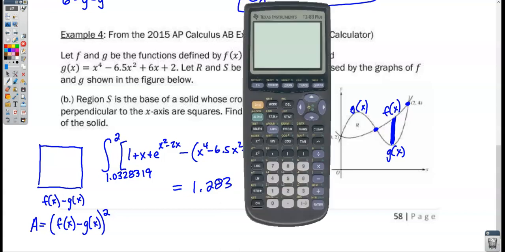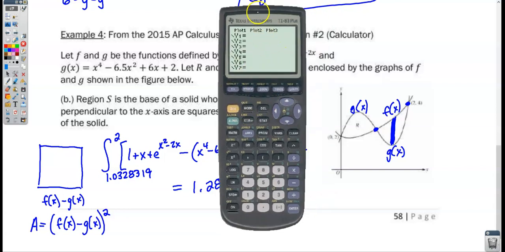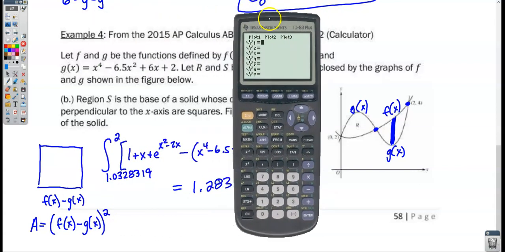Now, for those of you who use the 83 style calculator, something that I can do is, once I type these functions in to find the intersection points, I'm going to show you exactly how I did it on my calculator. Where's the e? There it is. E to the x squared minus 2x.